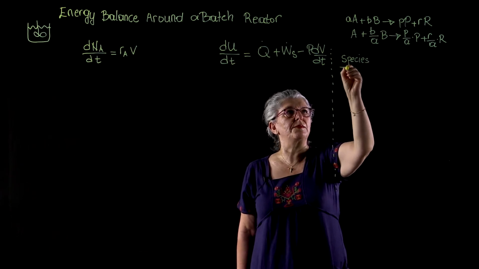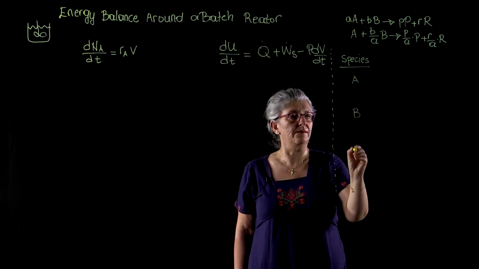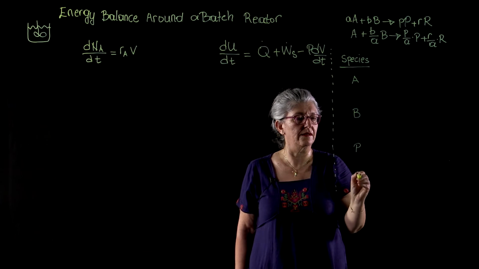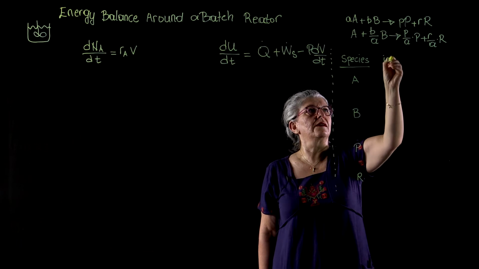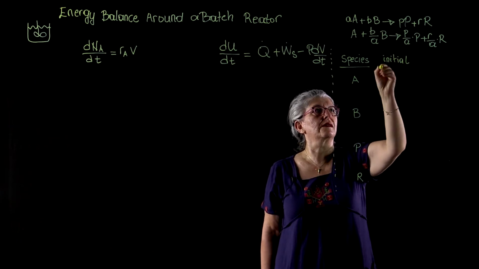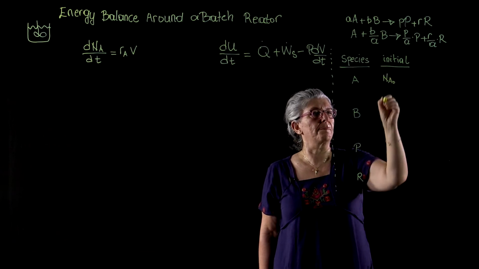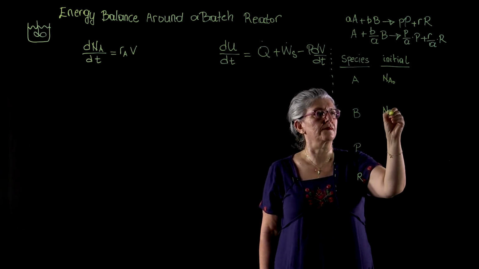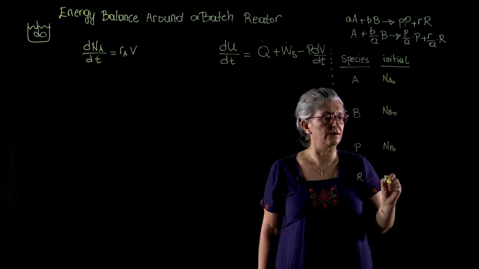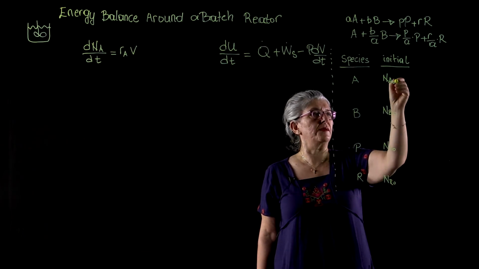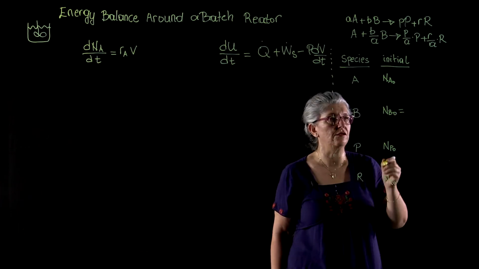So our species are A, B, P, and R. Initially, we have N_A0, N_B0, N_P0, and N_R0. And we are going to represent these in terms of their ratio with respect to N_A0.